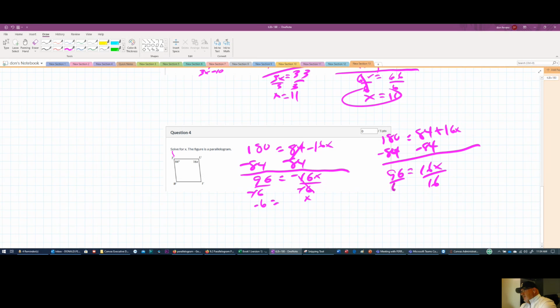I divide by 16 there, I divide by 16 there, and I get x is equal to 6. So let's just make sure that I'm doing that math right. 16 times 6. 6 times 6 is 36, and 3, and we got 96. So x equals 6 there.